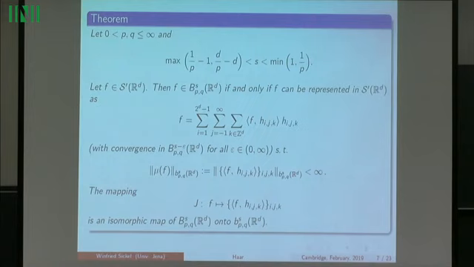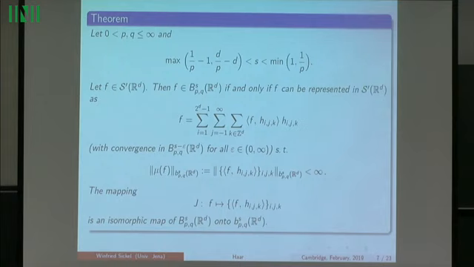So if you lower the condition on the smoothness a little bit, then you always have convergence in norm. And we have to take the sequence of the Fourier-Haar coefficients in this sequence space b^s_{p,q}. So there is a characterization of these spaces in terms of the Fourier-Haar coefficients.